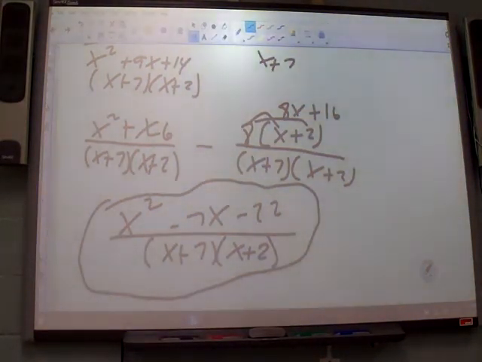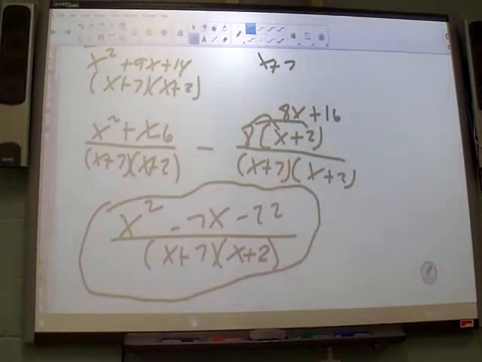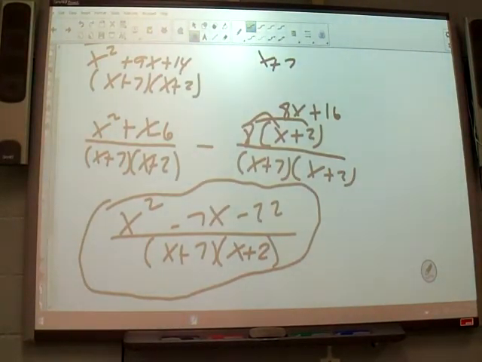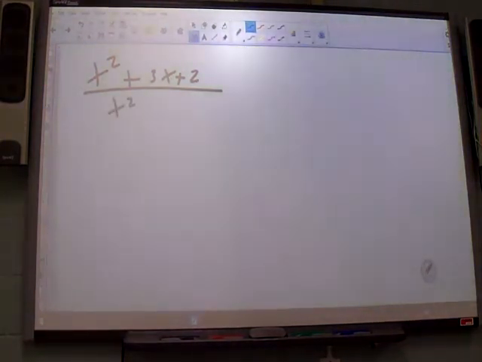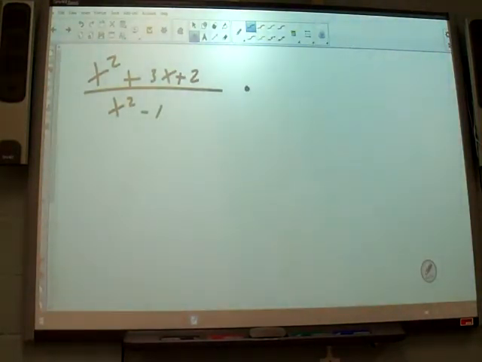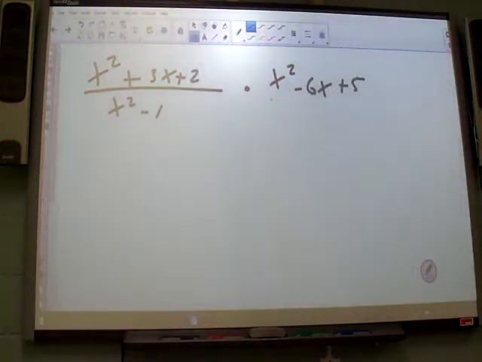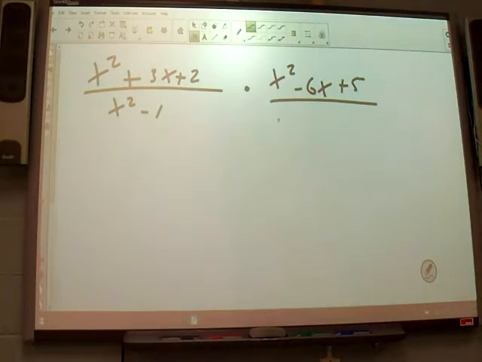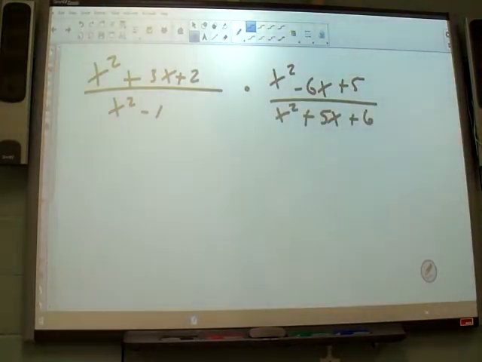Alright, on 12 now, we're back to multiply. So once we get a common denominator, we might can ninja something. Ready for 12? X squared plus 3x plus 2 over x squared minus 1 times x squared minus 6x plus 5 over x squared plus 5x plus 6.